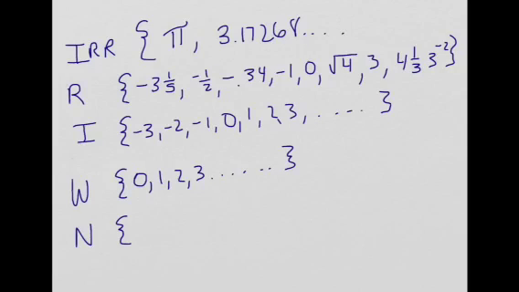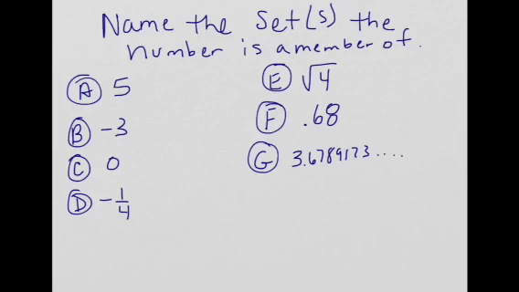Natural numbers are whole numbers that are positive, but they don't include 0. So those are some more examples of the sets of rational numbers, which are integers, whole numbers, and natural numbers, and also the set of irrational numbers, which are non-terminating and non-repeating.